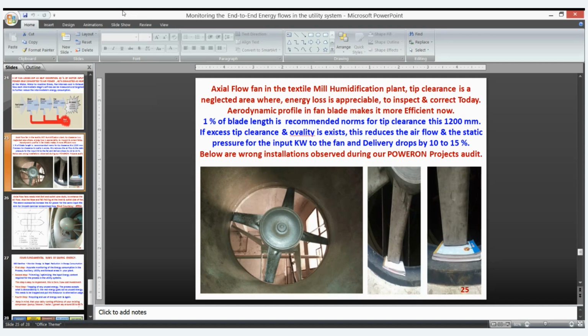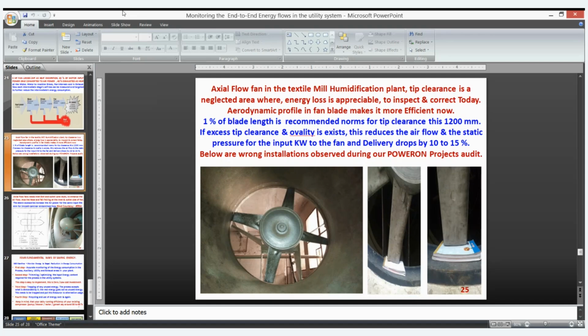The tip, that is the rear, you can see the tip clearance. Almost 50 mm was the tip clearance here. Almost 15 to 20% flow loss was noticed in the industry. They immediately took the step after our audit. They were able to restore the flow rate of the blower by almost 15%.